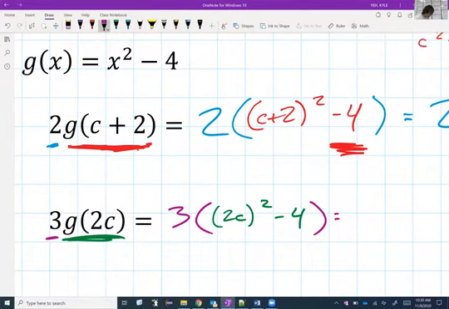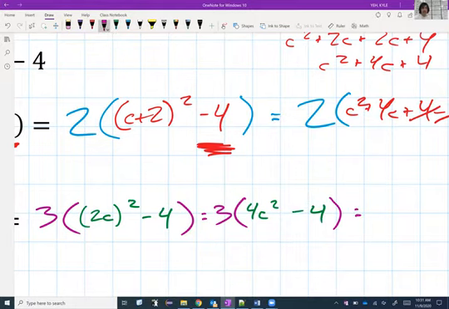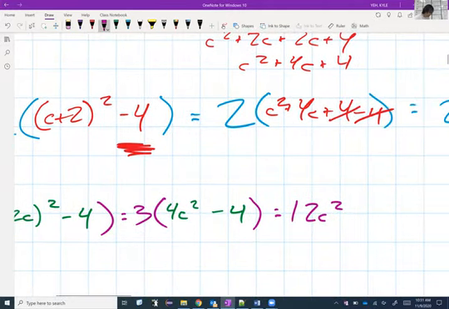Now, the nice thing here is it's all one term, 2c, so I can just square it directly. There are no pluses or minuses. 2c squared would be 4c squared. 2 squared is 4, c squared is c squared, minus 4. So now I can distribute the 3 because I've kind of worked out that inside. 12c squared minus 12.